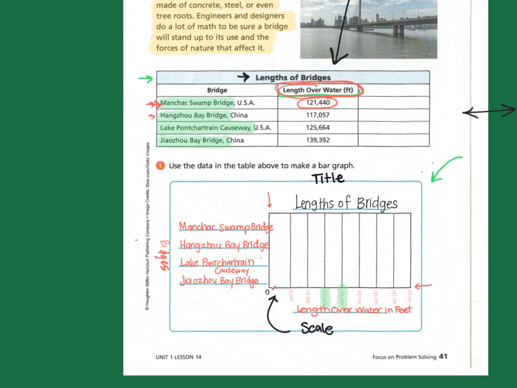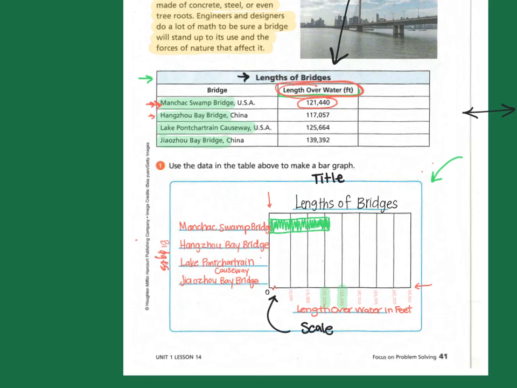So when I'm drawing my bridge, or my bar, I'm going to make that line where I think maybe 121 might be. Then I'm carefully going to construct my bar. Then I'm going to color it in nice and neat.